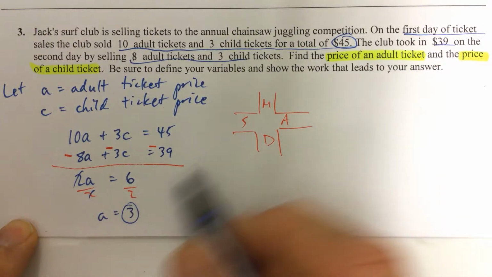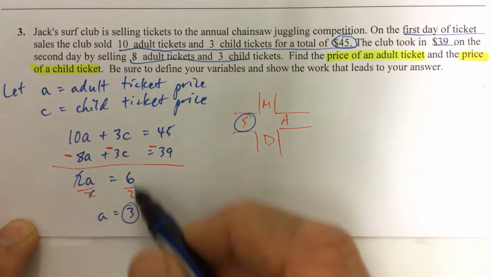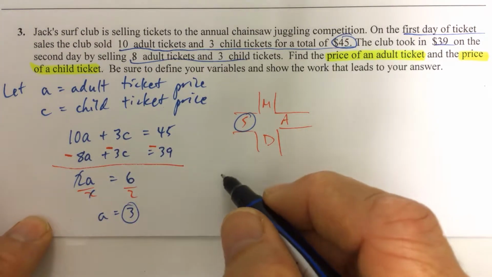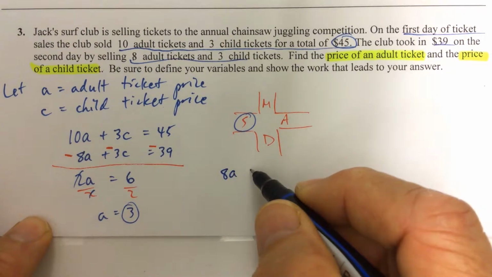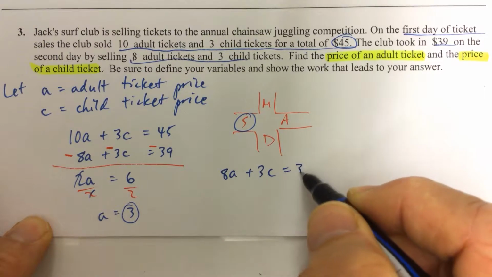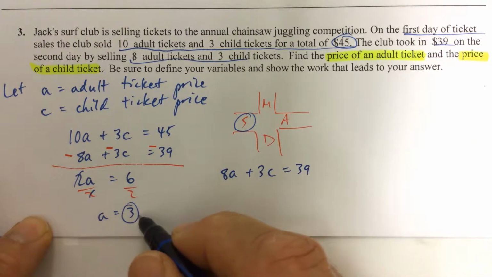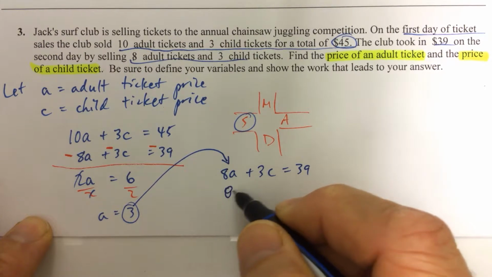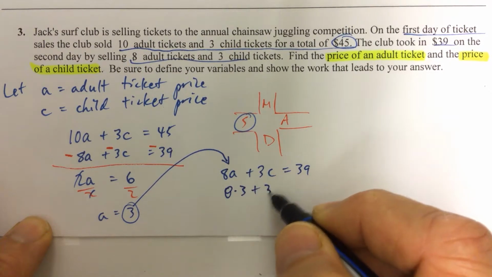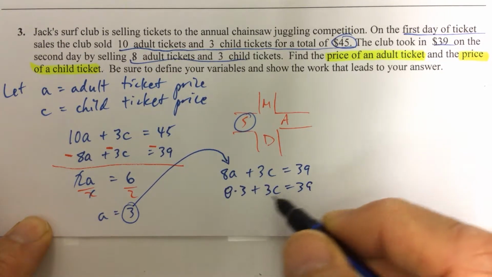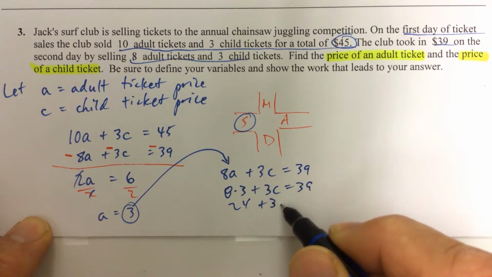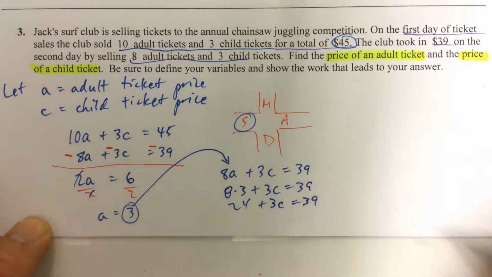And if we take that and substitute 3 into one of the original equations, we'll take the 8A one. So we'll take 8A plus 3C equals 39, and we'll substitute in 3 for that A right there. So we have 8 times 3 plus 3C equals 39. And if we multiply 8 times 3, we get 24. 24 plus 3C equals 39.